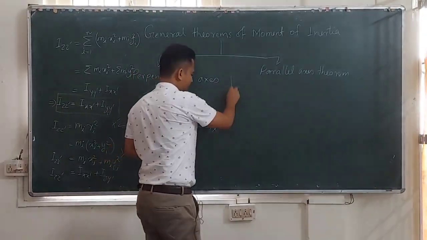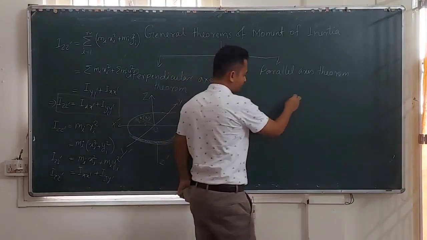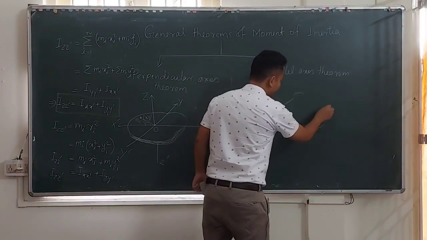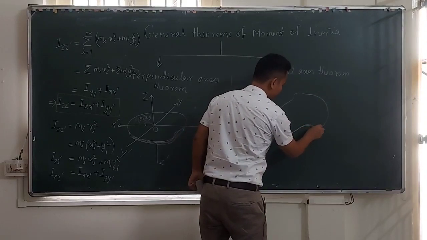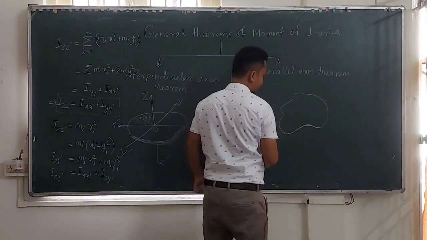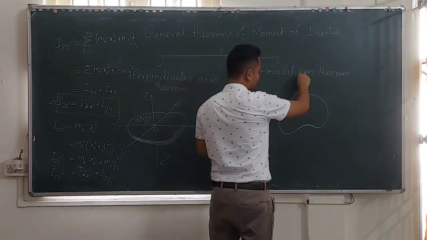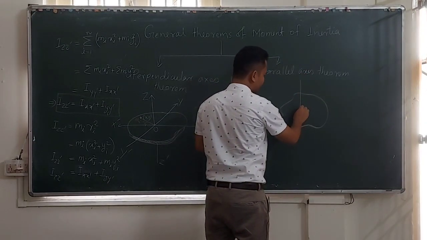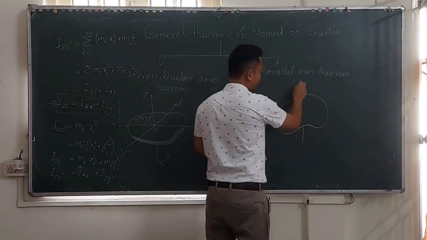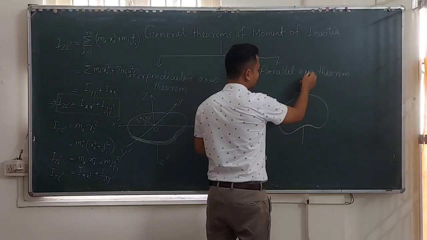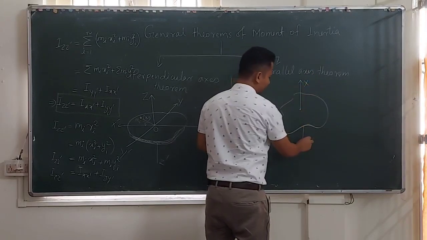Now let us try to understand the parallel axis theorem. Suppose we have a plane lamina, and there is an axis passing through the center of mass of the lamina, say x prime.